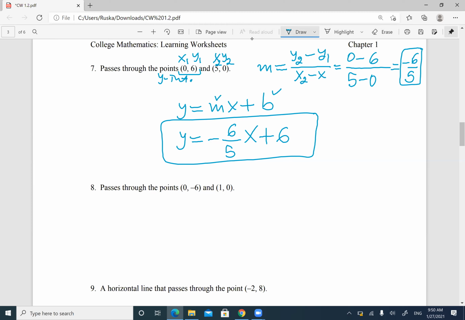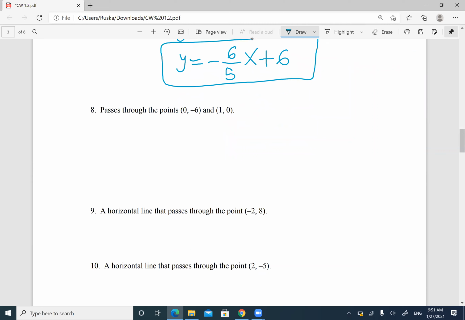So the point 0, 6 is your y-intercept because x is 0, and the y-intercept gives you b. And the point 5, 0 is your x-intercept because the y coordinate is 0. Okay? Remember that? Yes, ma'am.